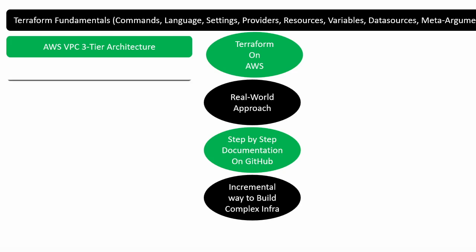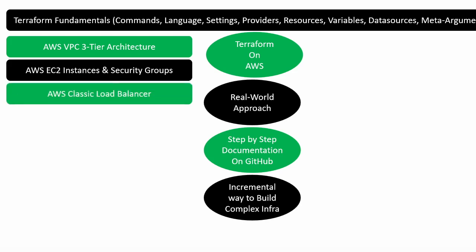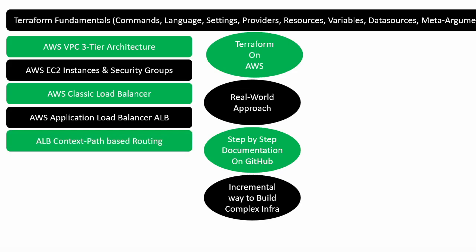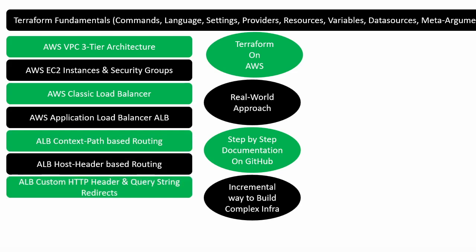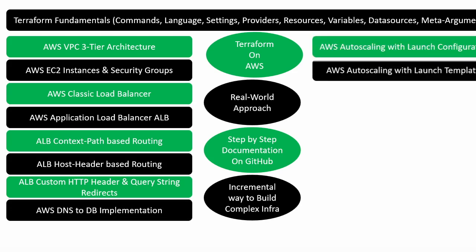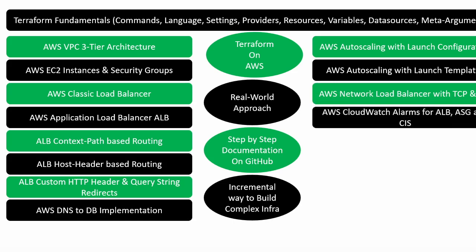By using a 3-tier architecture, we are also going to cover EC2 instances with a specific security group, how we can tag them on specific EC2 instances for a special requirement, and load balancers: classic load balancer, application load balancer, path based routing, ALB host header based routing, custom HTTP headers and query string redirect, AWS DNS implementation, auto scaling, launch templates, network load balancers, and CloudWatch alarms.